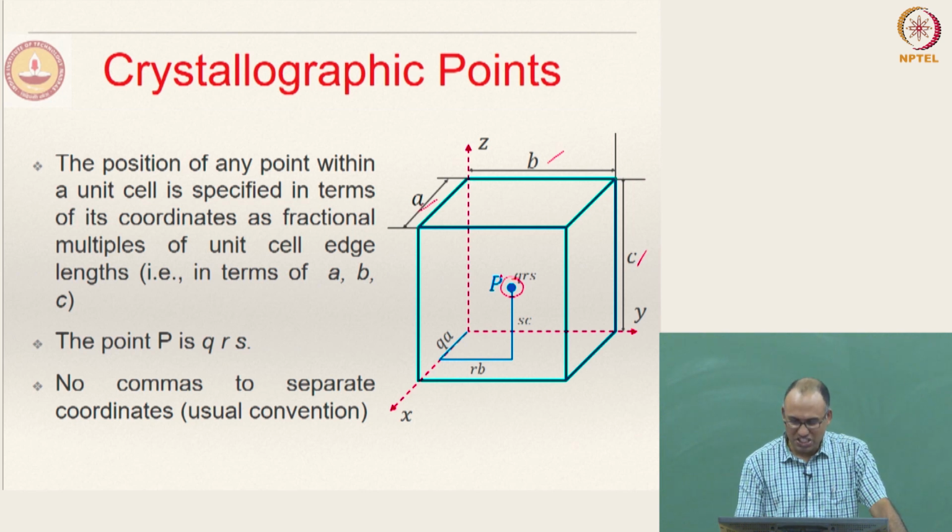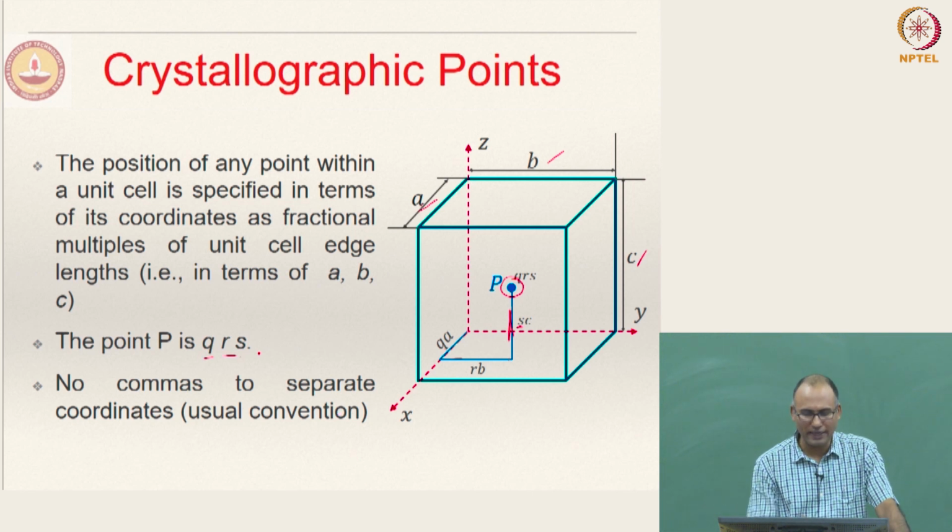For instance, this distance is q times a, q is the fraction, this distance is r times b, and that distance is s times c. Then you define your crystallographic point as q r s.